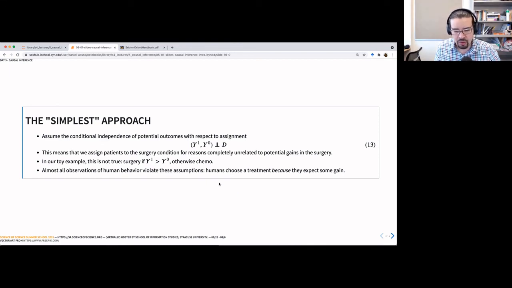Now, in almost all cases in Science of Science and almost any study of human behavior, this is not true, because humans are making very sophisticated choices based on guesses about how well they will fare in a certain choice or assignment. So this is almost never true. Therefore you have to make adjustments.